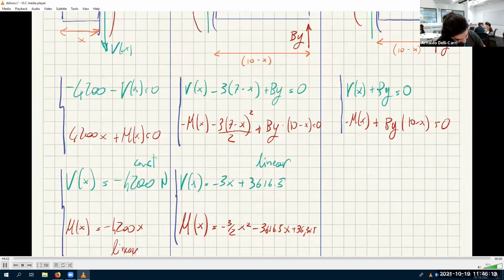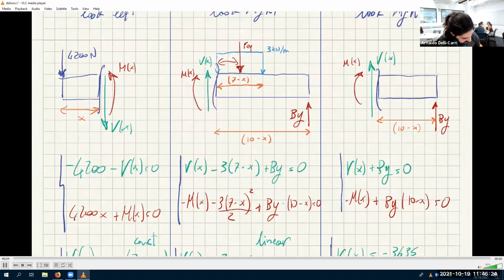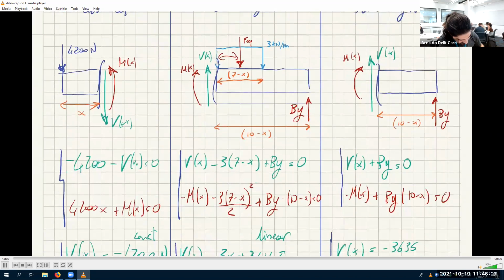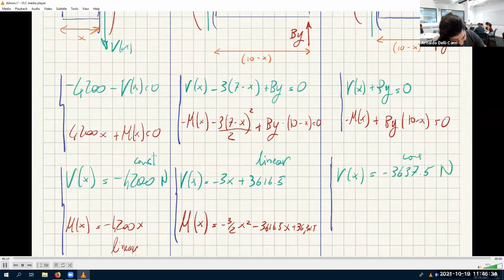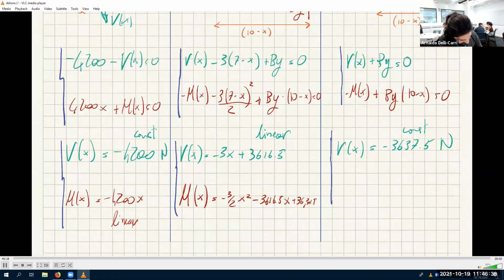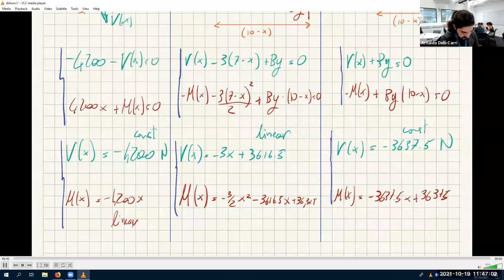And so if I do this, I get that v of x is minus 3,637.5, 7.5 newtons constant, and m of x is minus 3637.5 x plus 36,375. And this is linear.